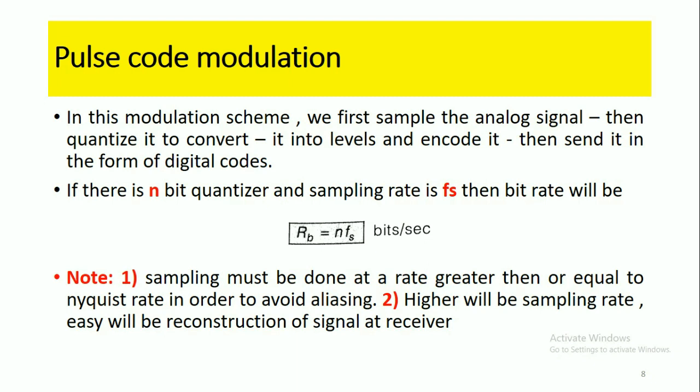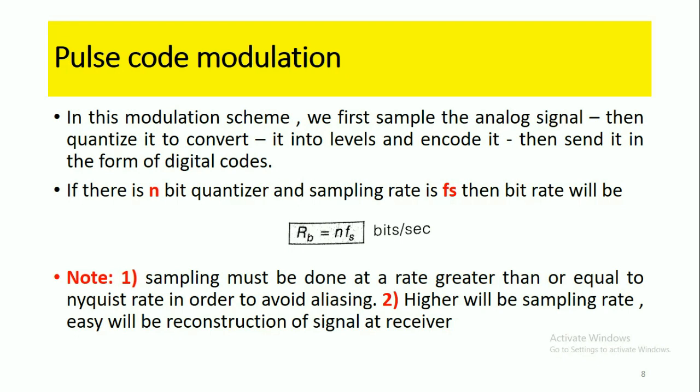If there is an n-bit quantizer and the sampling rate is fs, then the bit rate is given as n times fs bits per second, where n is the number of bits and fs is the sampling rate. The sampling must be done at a rate greater than or equal to the Nyquist rate in order to avoid the aliasing effect.